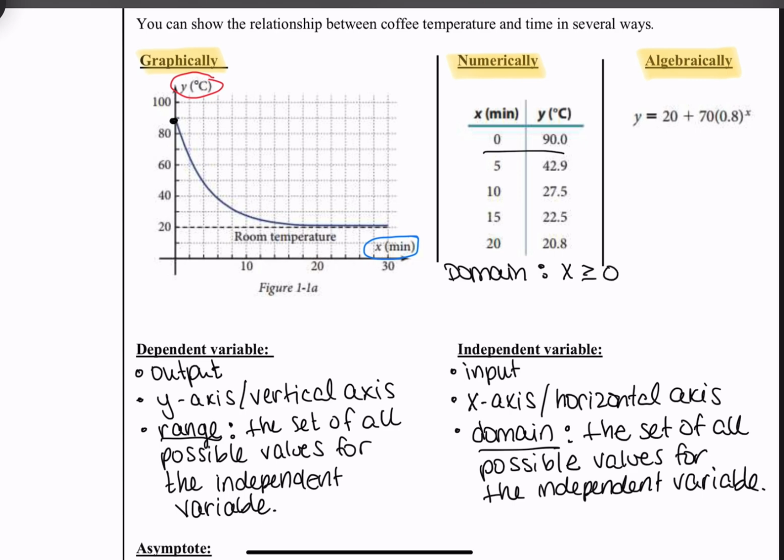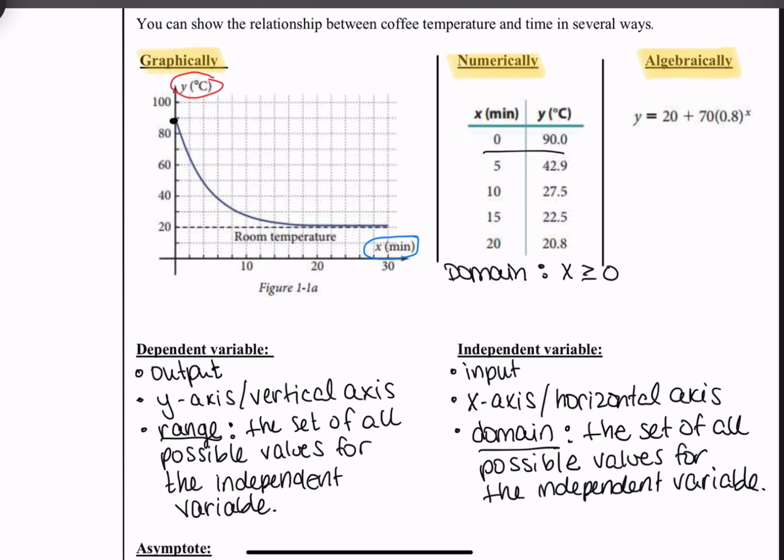Okay, and then our range. The hottest that this cup of coffee will ever be is 90 degrees Celsius. After that, like the problem said, the temperature of the coffee decreases very rapidly until it starts to decrease less and less and less rapidly.